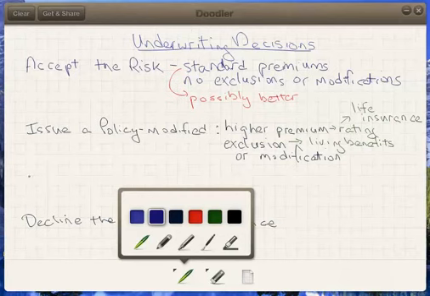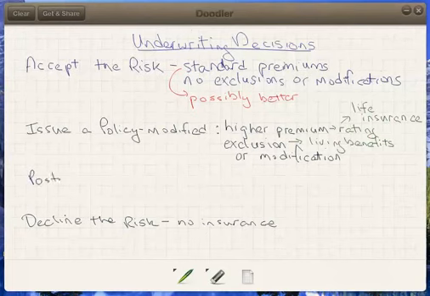And then we have another kind of middle ground here, and that is the insurer might postpone the risk. This looks very much like a decline, but it's not really as serious, because when you postpone the risk, you say, look, we have a concern right now, but we think that with proper attention to this particular concern, such as high blood pressure or elevated cholesterol, if you come back and see us in a year or two with that condition having leveled off, we'll be able to deal with you.